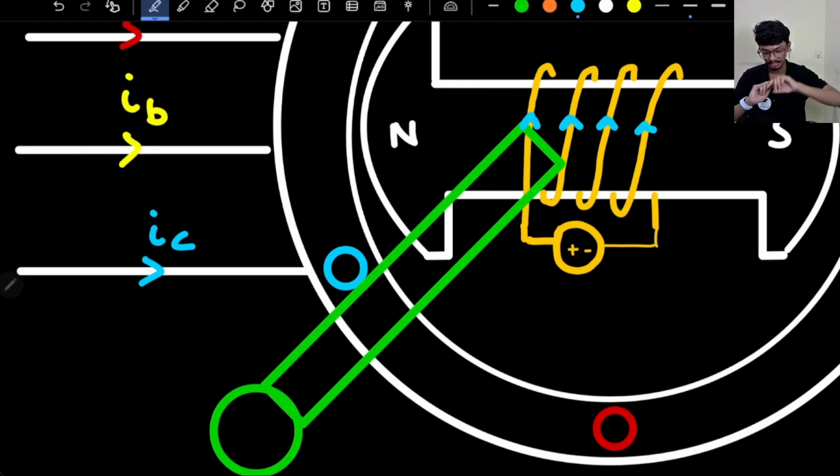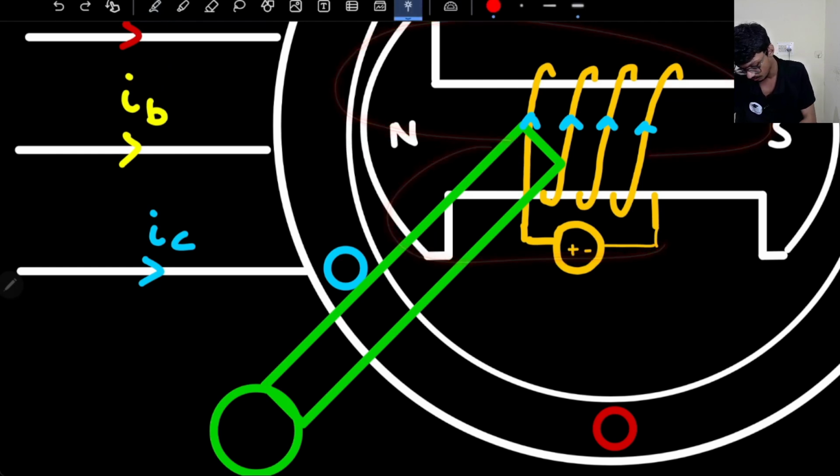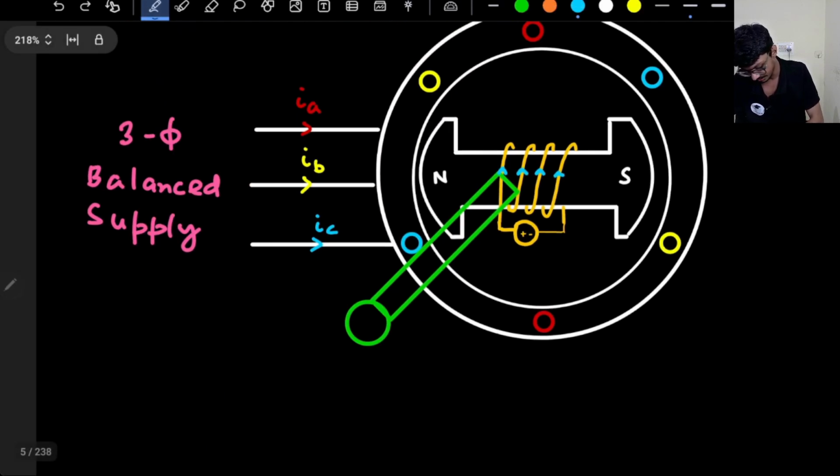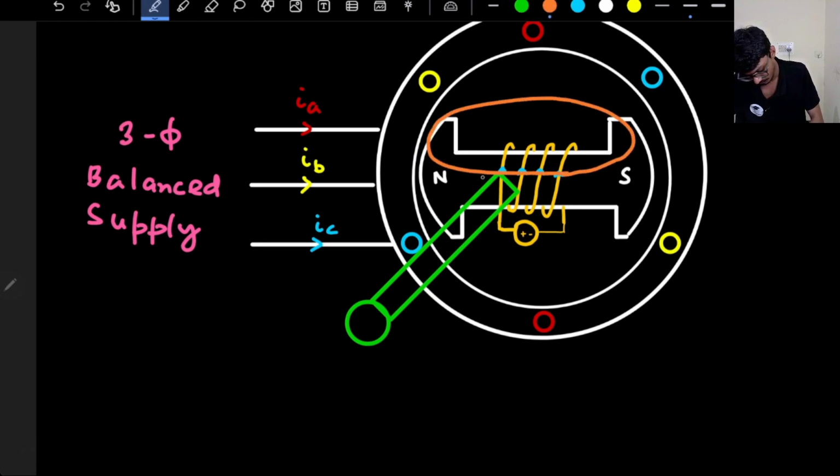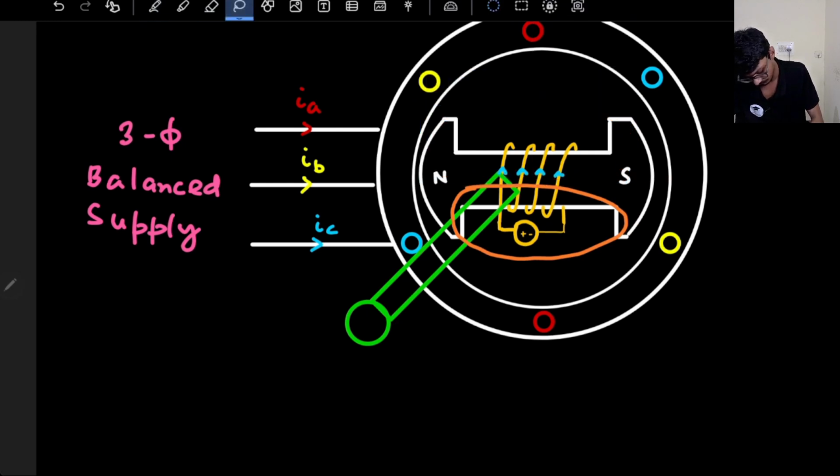So what is the direction of the magnetic field? If I curl my fingers along the direction of the current, it's going like this. The finger is on the left hand side, so the magnetic field will be somewhat like this, correct?